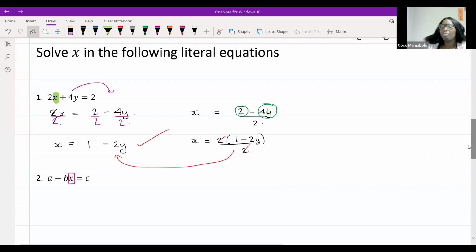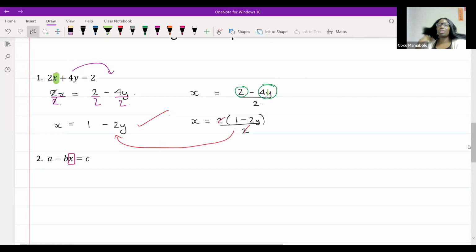Or maybe I may have moved a little fast. Maybe in this next one, let's move a little bit slowly. Right, okay, so I know that I want x. But at the moment, I don't have x. I've got negative bx. So the first thing I'm going to want to get rid of is what? What am I going to want to get rid of on this side?